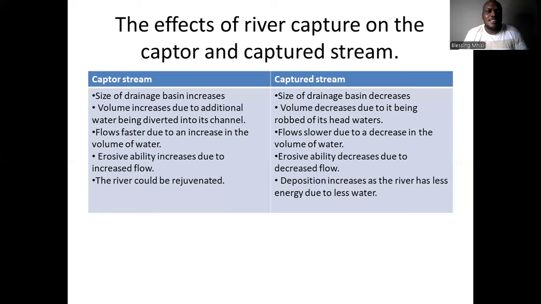You must understand river capture in such a way that you know the conditions that are necessary for river capture to take place and the features that will be formed after river capture has taken place, like your elbow of capture, your wind gap, your misfit.